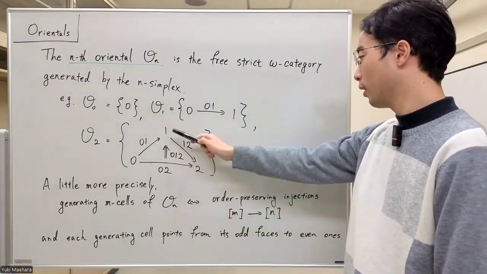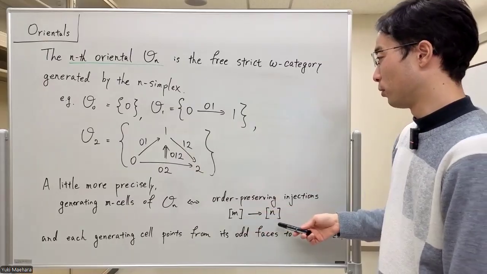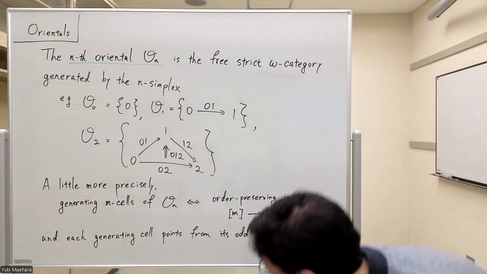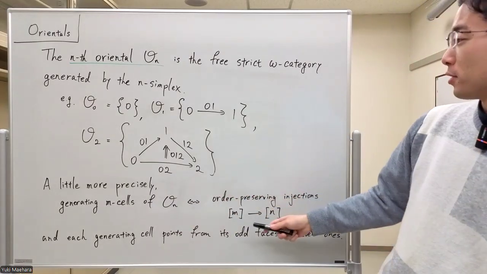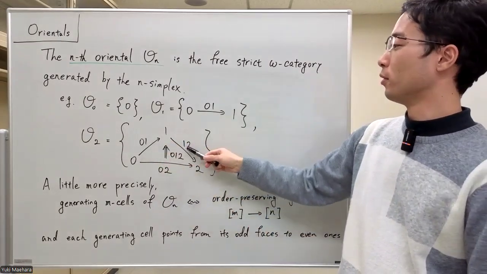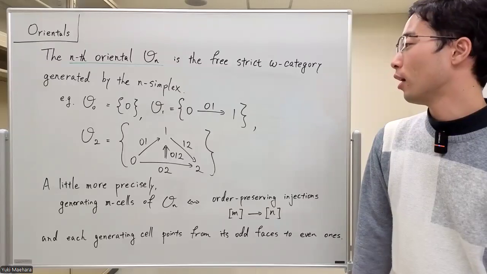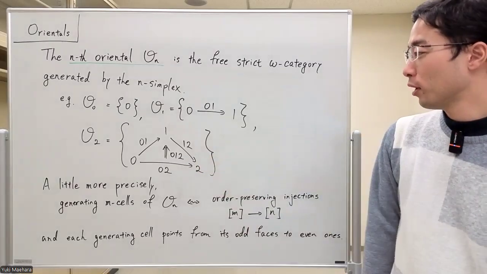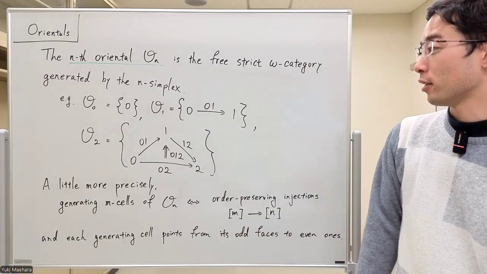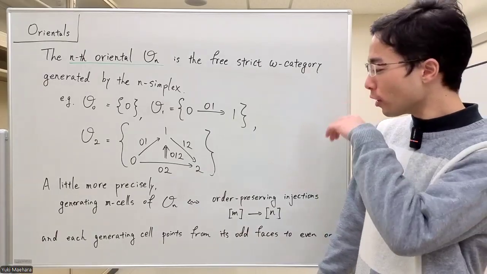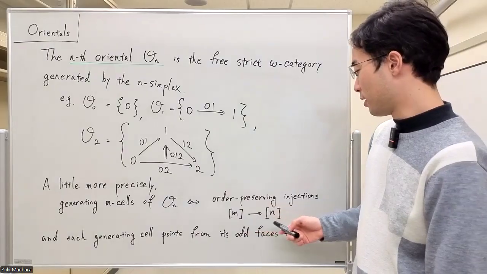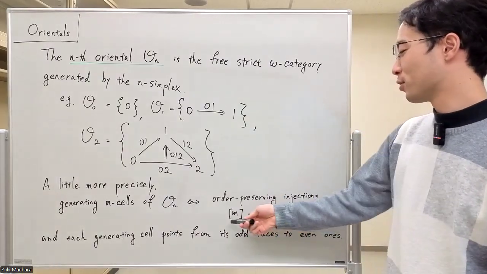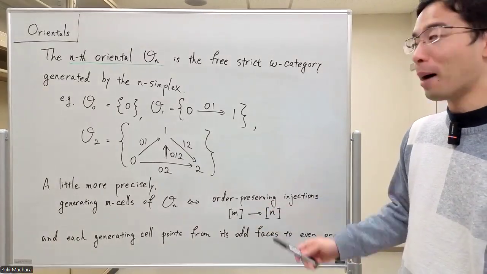So there are three injections from [0] to [2] corresponding to these three zero cells. There are three injections from [1] to [2] corresponding to the three generating one cells, and the identity on [2] corresponds to this generating two cell in the middle. So the labeling is given by the sequence of integers in the image of the corresponding map.